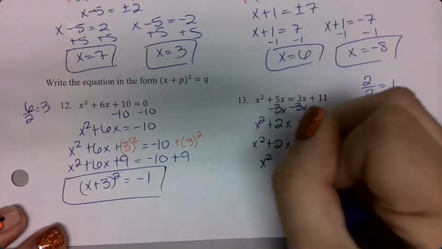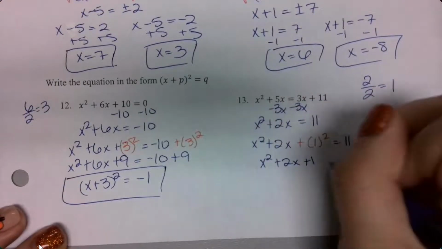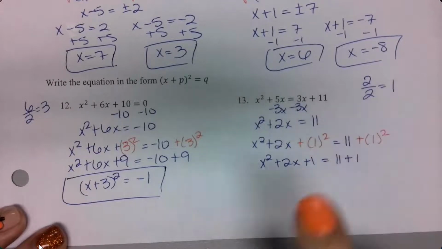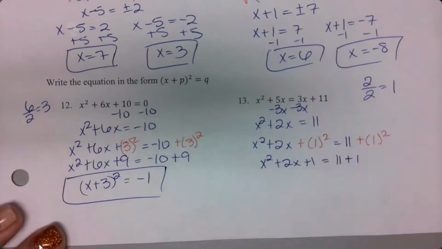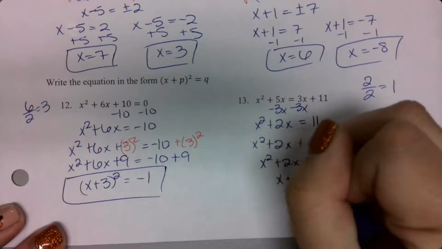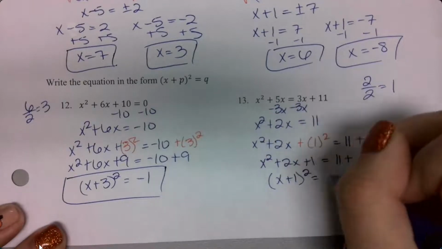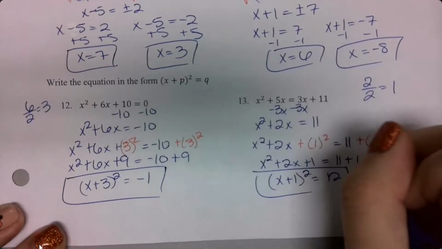So 1 squared is 1. Then I want to factor this side. I'm looking for what multiplies to 1 and adds to 2. That is 1. And then it equals 12.